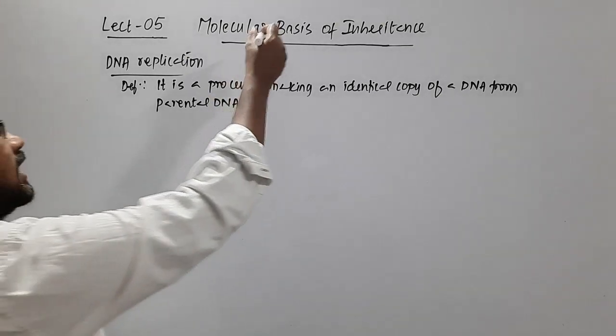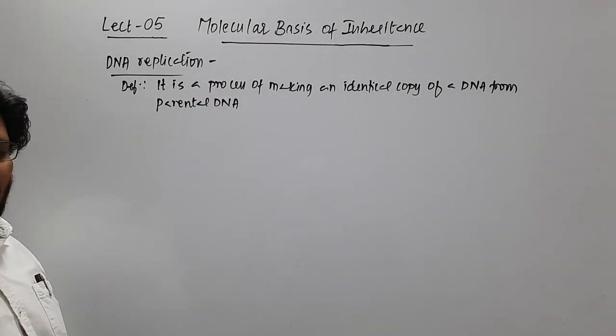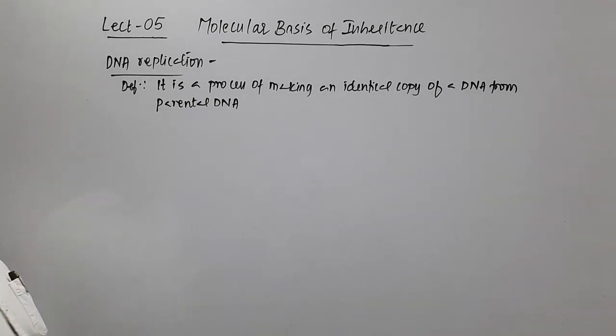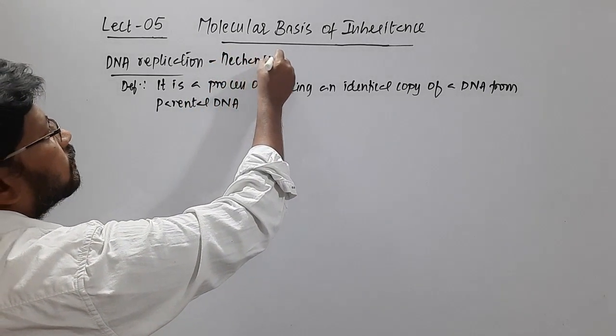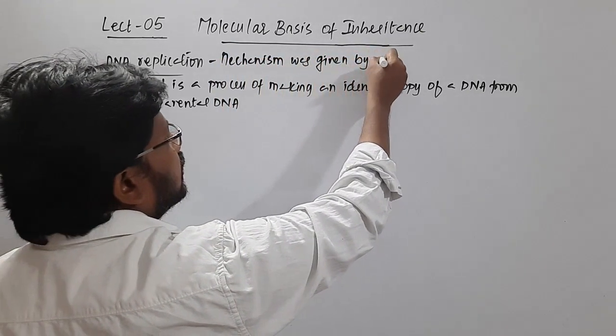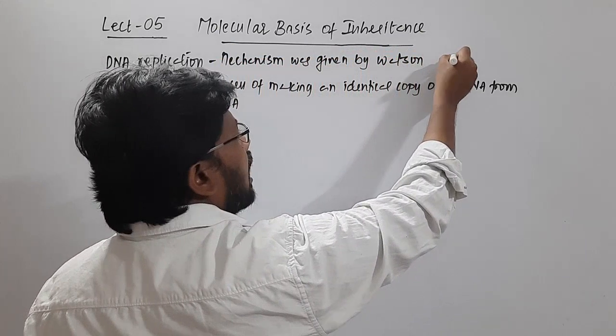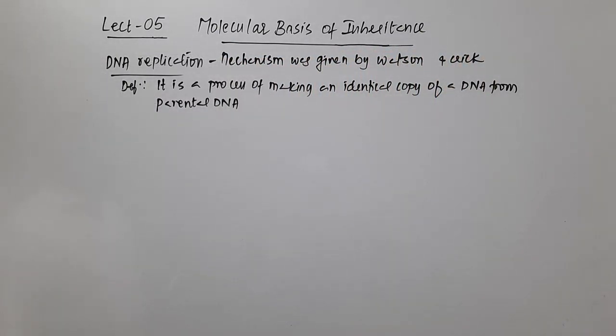And the mechanism for this DNA replication was proposed by J.D. Watson and F.H.C. Crick, who also proposed the double helix model. So they have given the mechanism for this DNA replication.